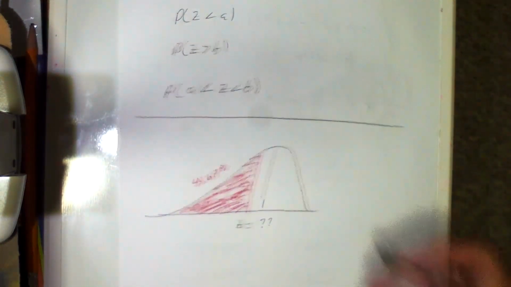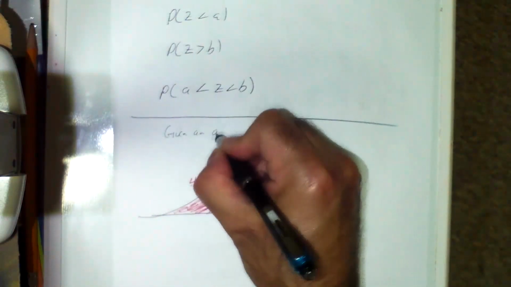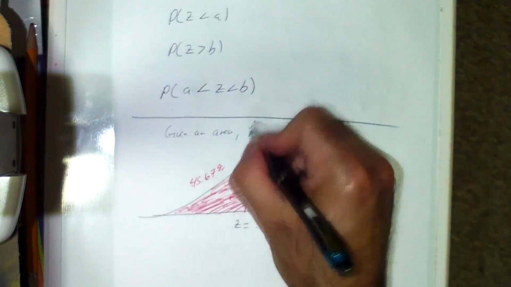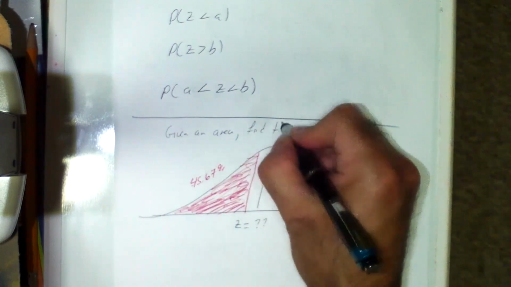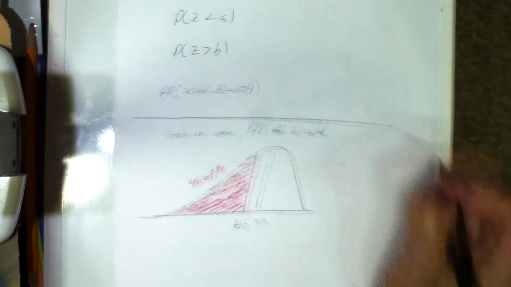So these are different. This is given an area, find the Z value. This one's different.